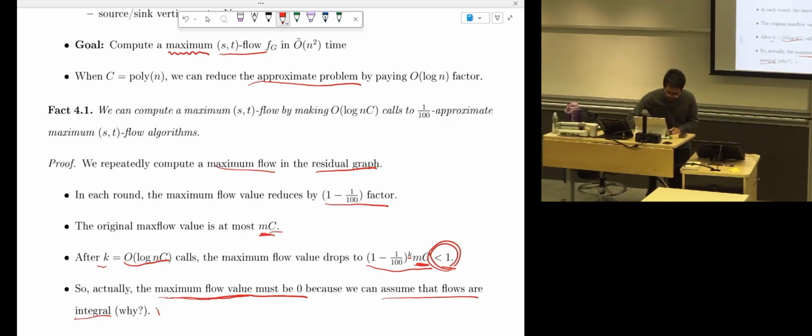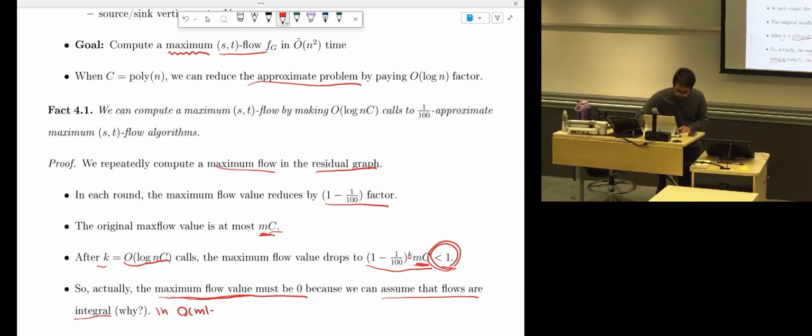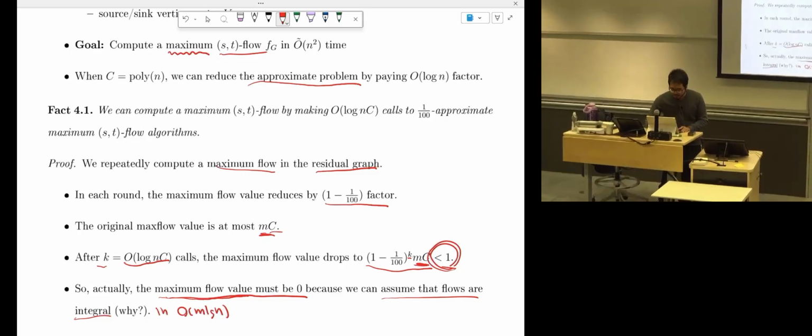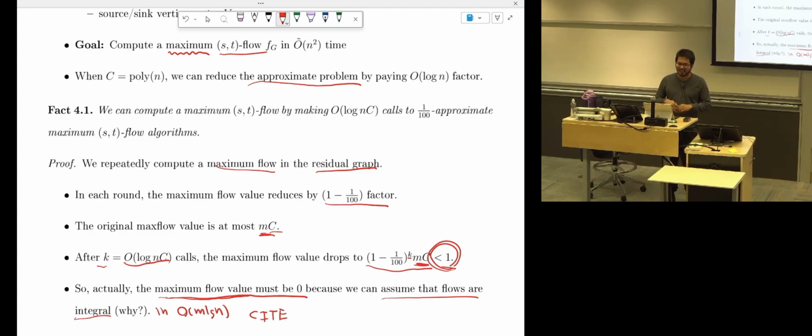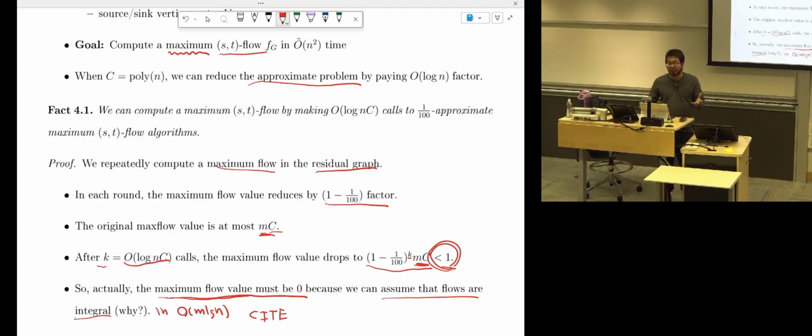I will add a citation to this soon. It just uses some simple link cut tree. It's non-trivial, but once you see how to do it, it's simple. But the point is you can always assume that your algorithm returns an integral flow. So if this is less than 1, then this is actually 0. Okay.